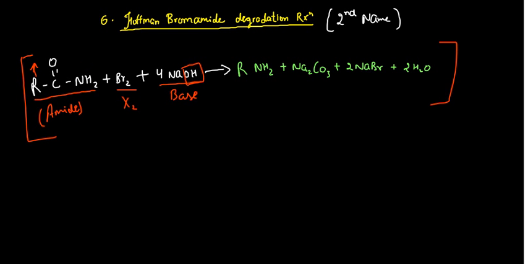So it is going to form water. As I told you, water is very stable, so it is going to form first. Now it's time for the Na. So we have Na and it is going to react with Br. So NaBr is the second thing.